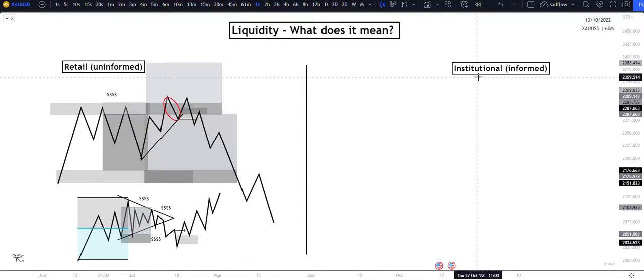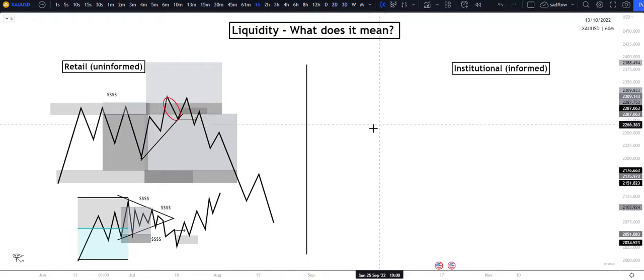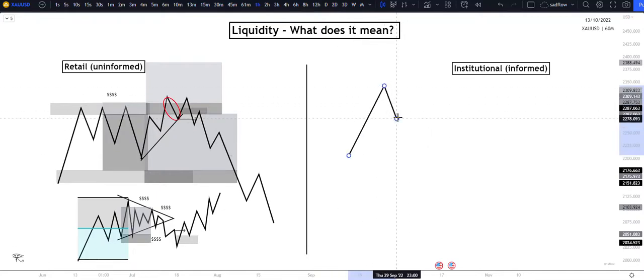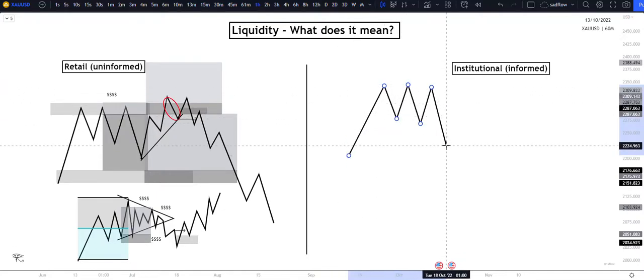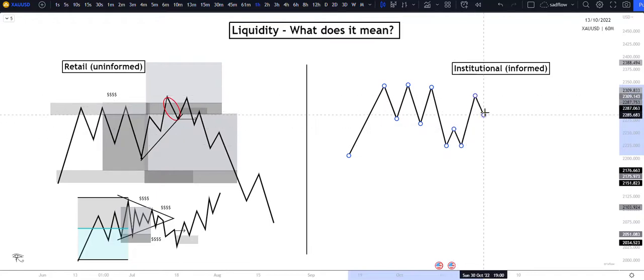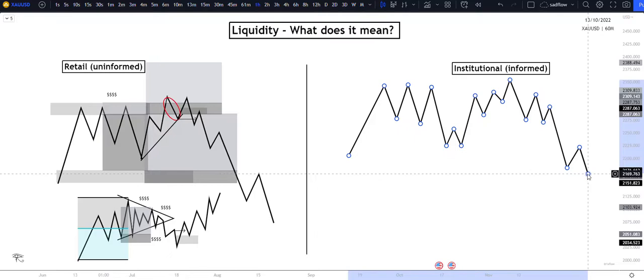So now let's talk about it from an institutional perspective. Let's draw out this same exact scenario that had happened right here and talk about it from that institutional perspective. Price comes down, price comes up, then makes its move to the downside and distributes. And then let's draw out this one as well.